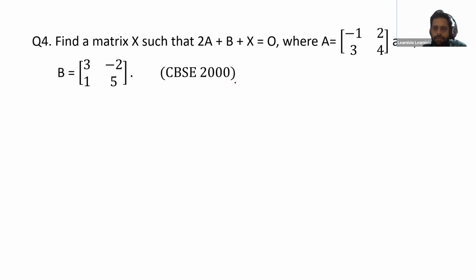Atif, I guess there is... okay. -1, -2, -7, -13. Very good, Atif. This is correct. Josefa, very good. This is correct. Good.